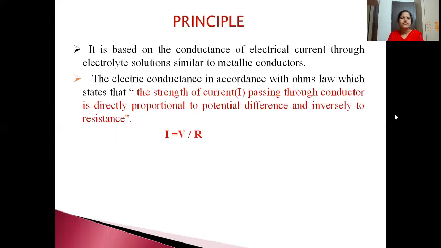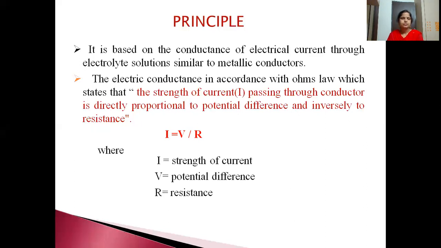Here we take potential difference as V and R is the resistance. So I, the current carried, is directly proportional to V, the potential difference, and inversely proportional to R, the resistance. So I is strength of current, V is potential difference, and R is the resistance.